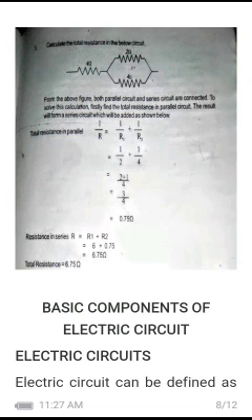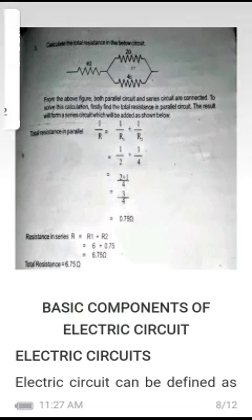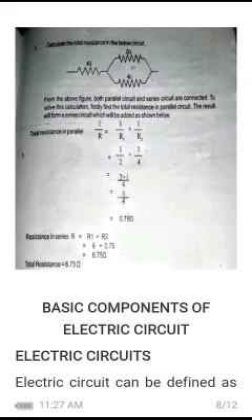So the first thing you do is to calculate the total resistance in parallel. When you want to calculate the total resistance in parallel, you say 1 over R equals 1 over R1 plus 1 over R2, which is 1 over 2 plus 1 over 4.